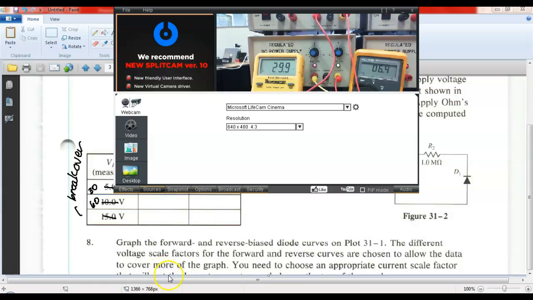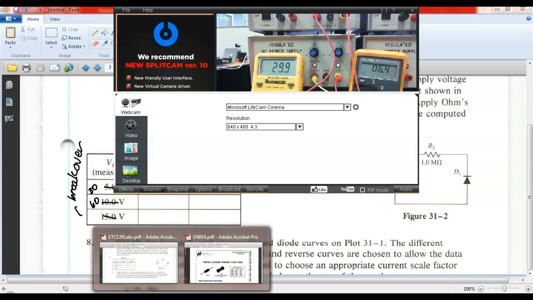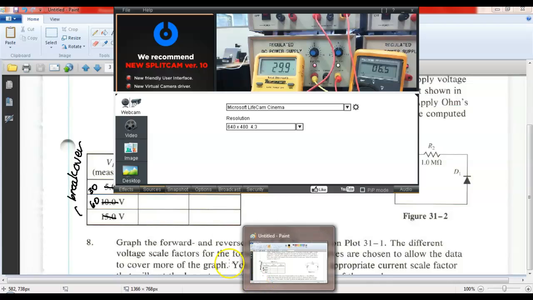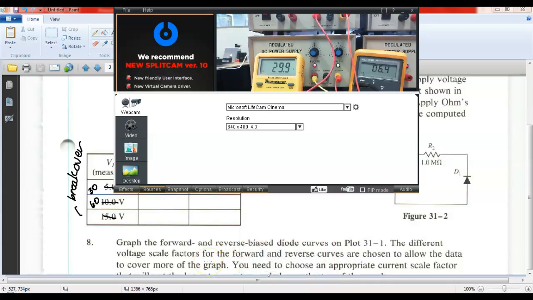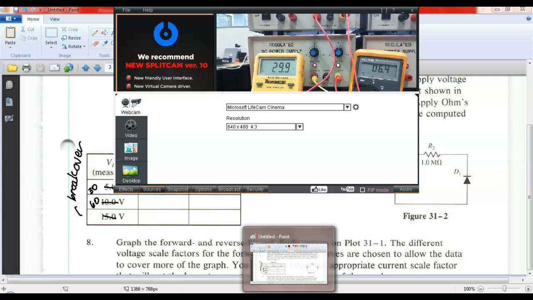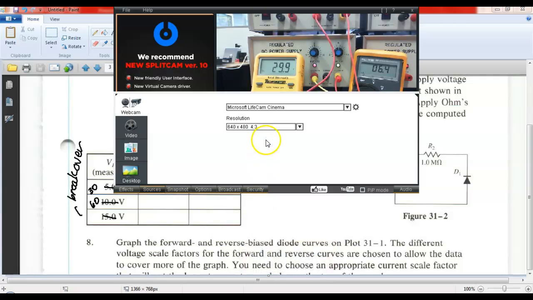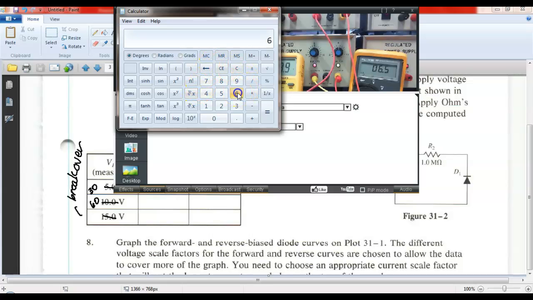It's a milli. So what we're doing, you did what I did. It's not 6.5. It's 6.5 times 10 to the minus third divided by 1 million. So it's 0.0065, right?